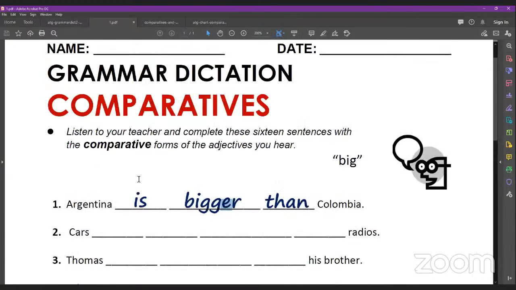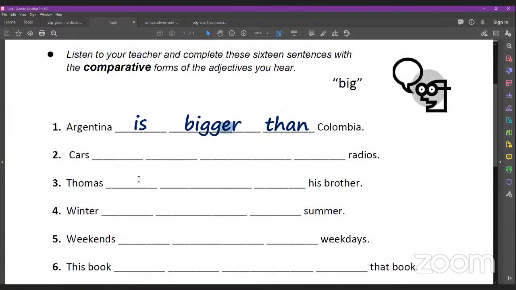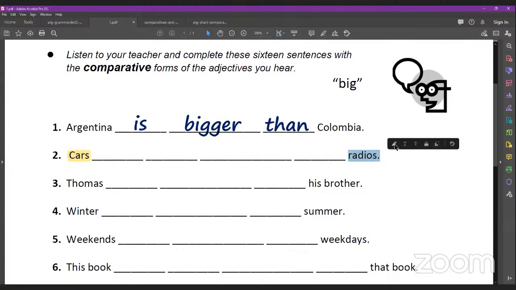I want you to think of a good adjective for each exercise. For example, in number 2, we're going to compare cars and radios. So you have to think of a good adjective to compare cars and radios.